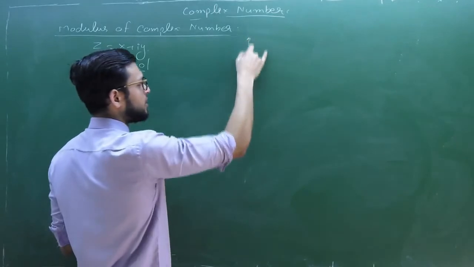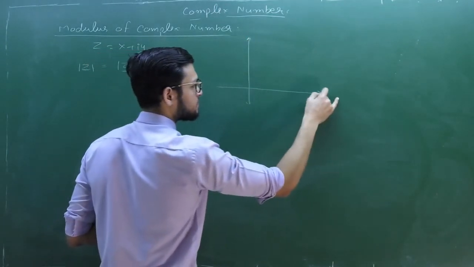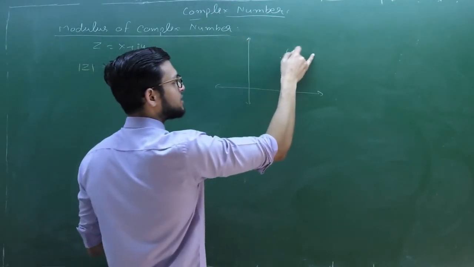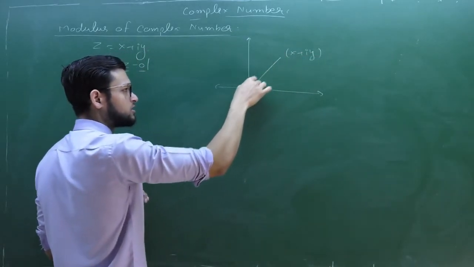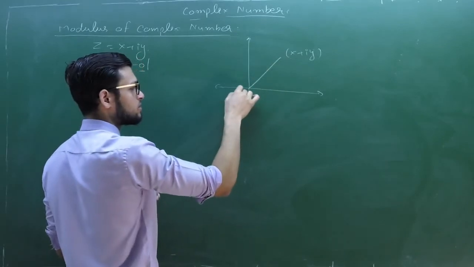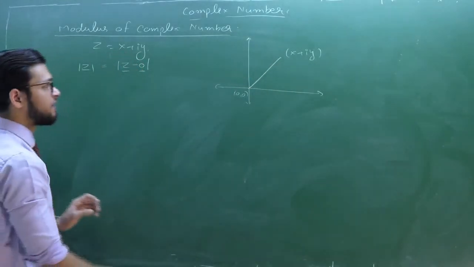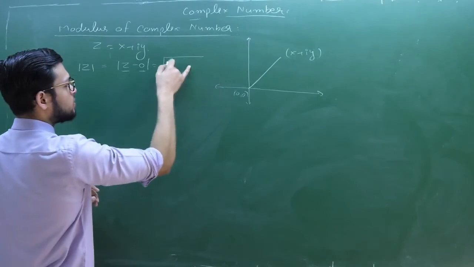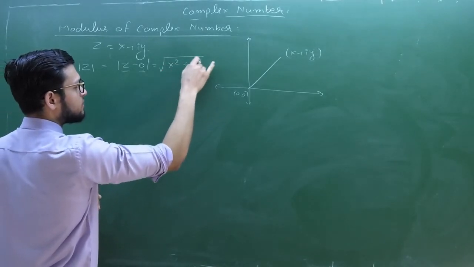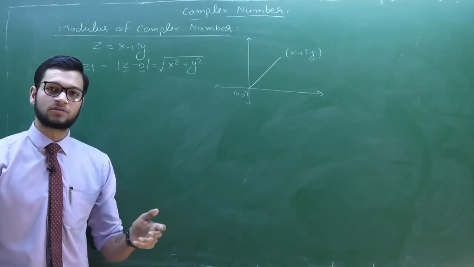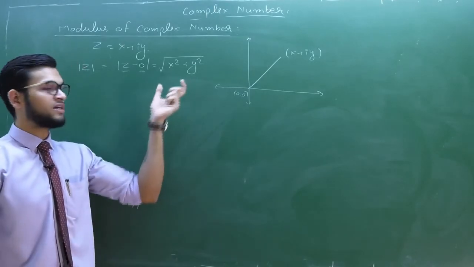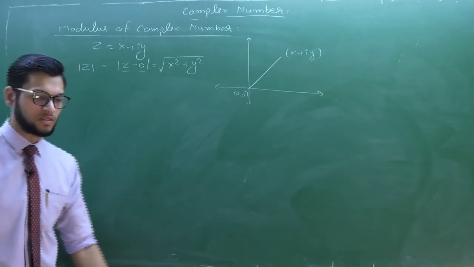If you mark the point x plus iota y and calculate the distance from the origin, then this distance will definitely equal square root of x square plus y square. Simple distance formula: square root of (x2 minus x1) square plus (y2 minus y1) square.